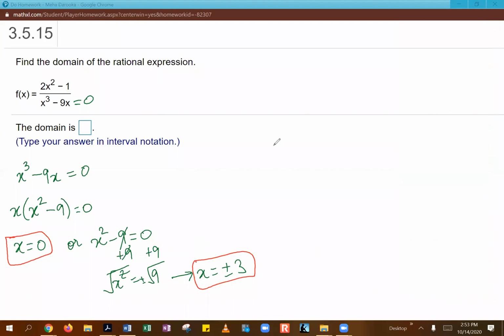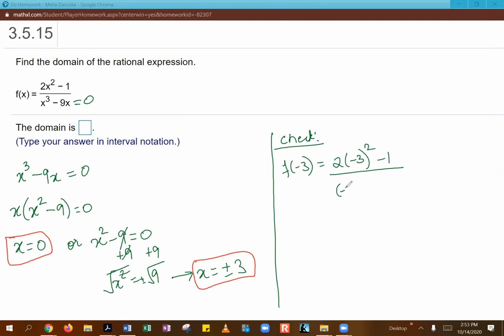And I just want to show you, if you check with -3 or +3, doesn't matter which one you use, you will notice that they will also give us zeros on the denominator. So let's take a look at this guy here. That will give us 2 times -3 squared, which will be 9, minus 1.